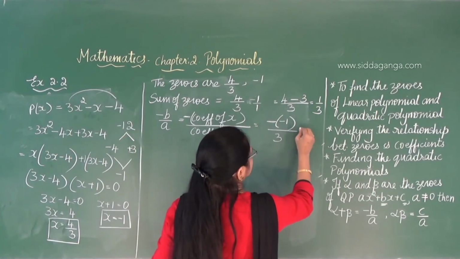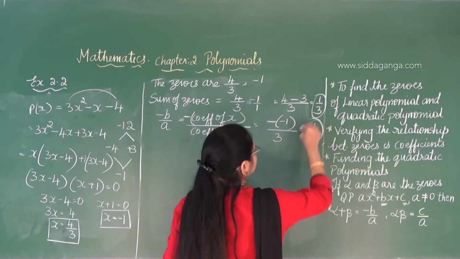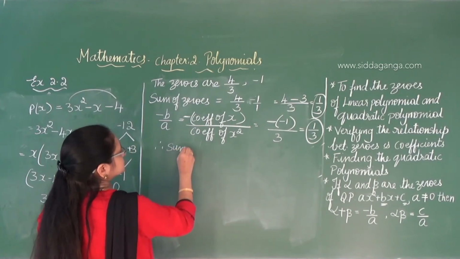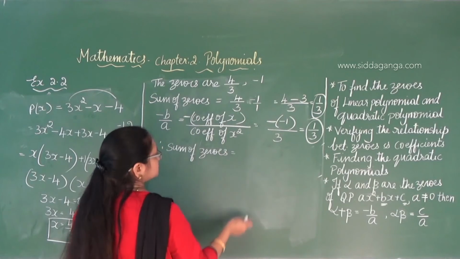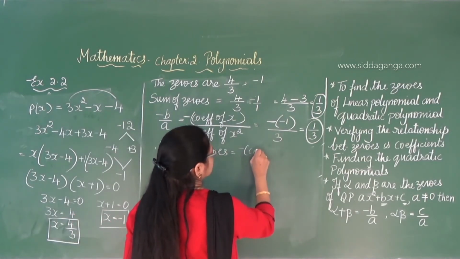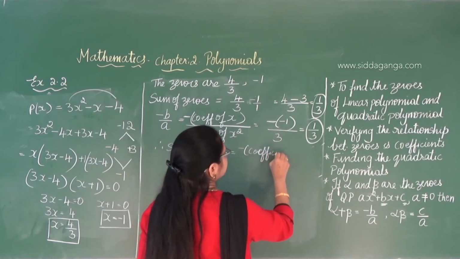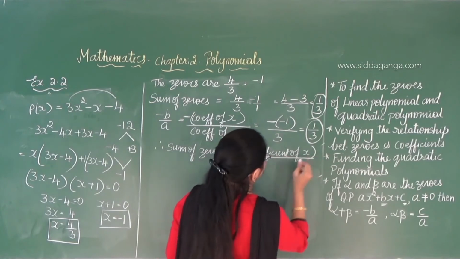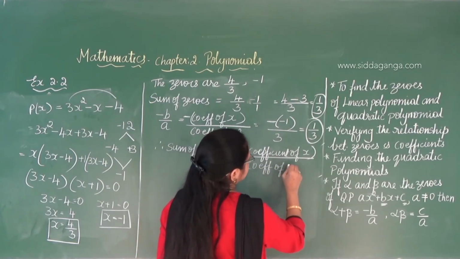So here 1 by 3, 1 by 3. Therefore, sum of zeros is equal to minus of coefficient of x divided by coefficient of x square.